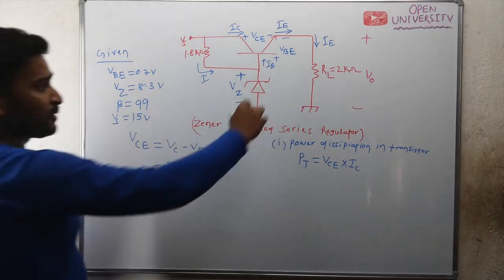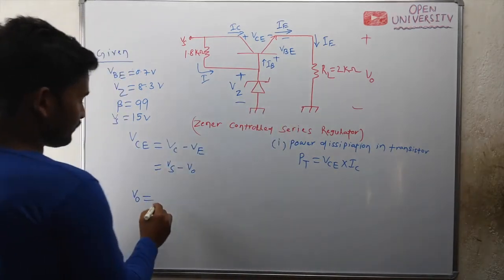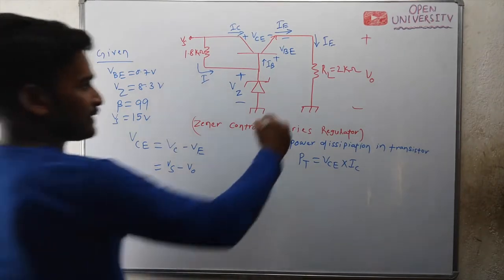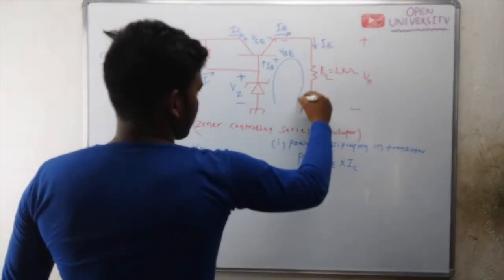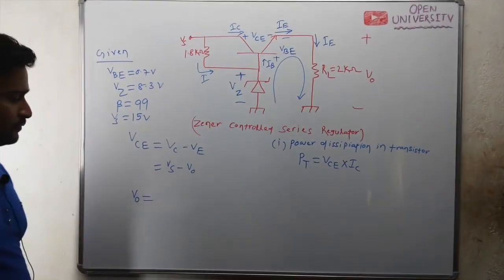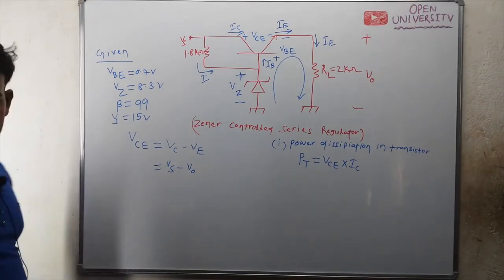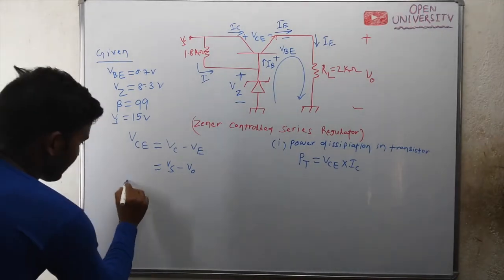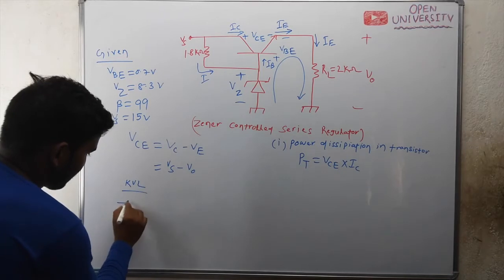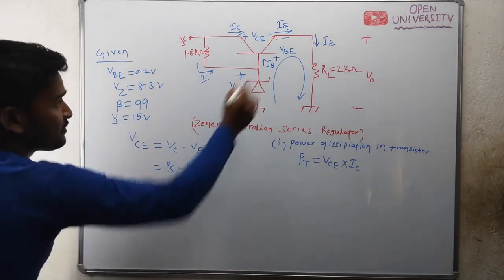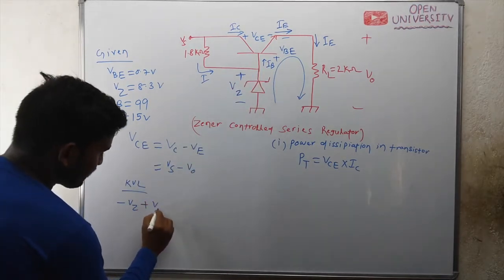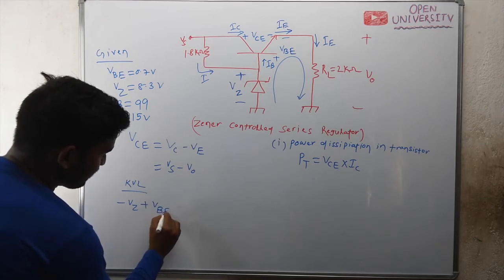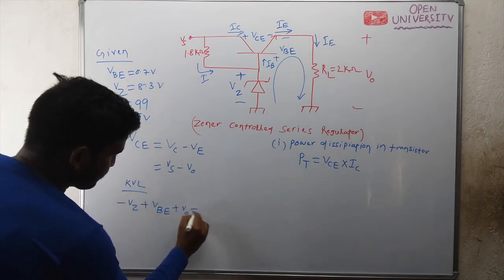First calculate V naught. If you apply KVL in this loop, minus VZ plus VBE plus V naught equal to 0.